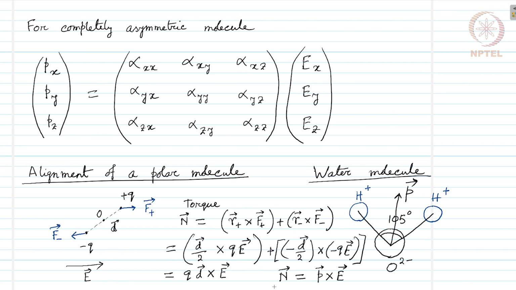Now, in this consideration for the polar molecule that aligns itself, if we consider that the electric field is non-uniform, in that case, we will not have F plus and F minus exactly balancing each other. So, the magnitude of F plus will not be equal to the magnitude of F minus.